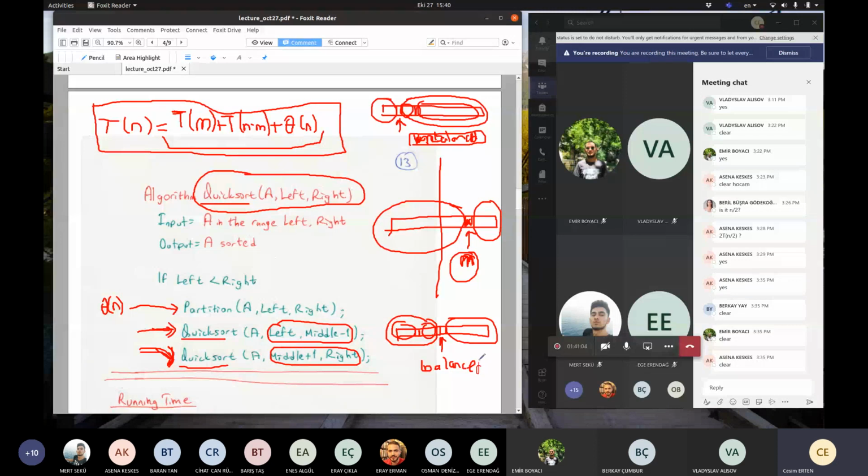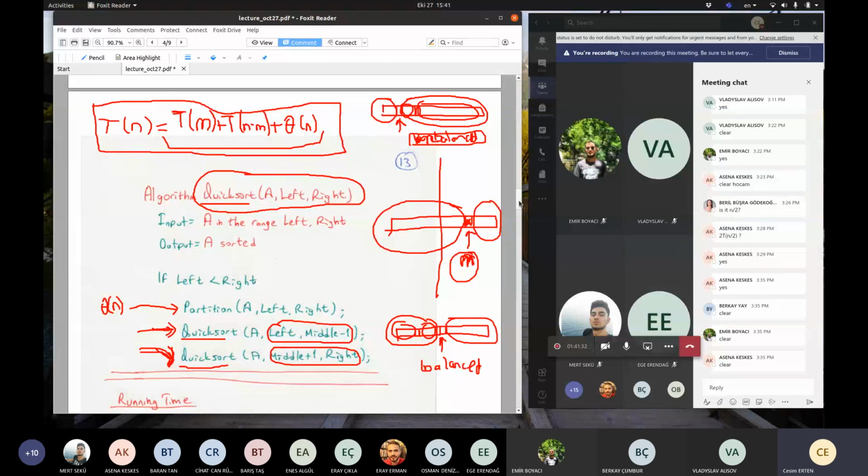Note that we have no choice over having a balanced or unbalanced partition. It totally depends on the input that is given to us. But while analyzing, we can decide whether balanced partitions would be a good case scenario in terms of running time, or unbalanced partitions would be.